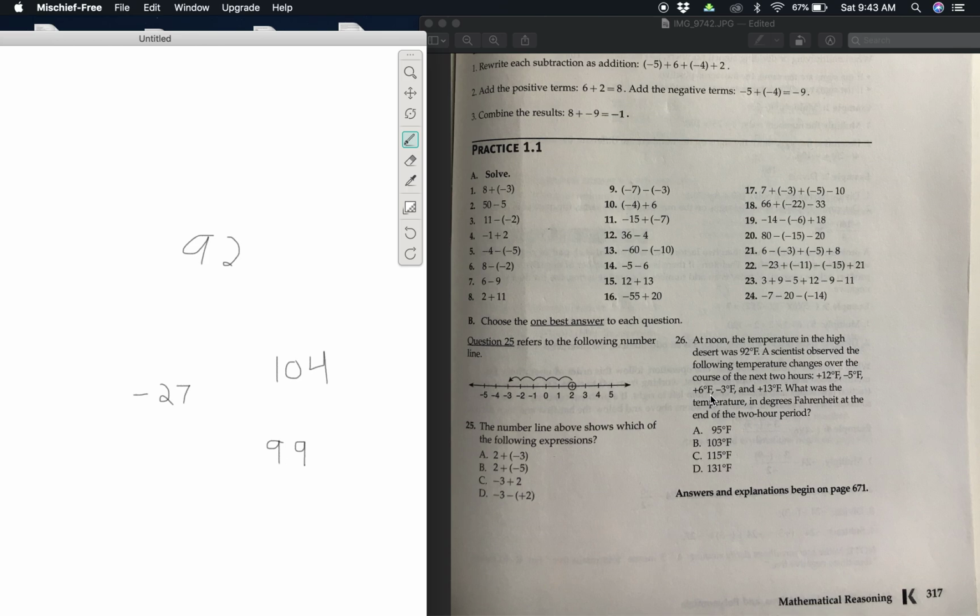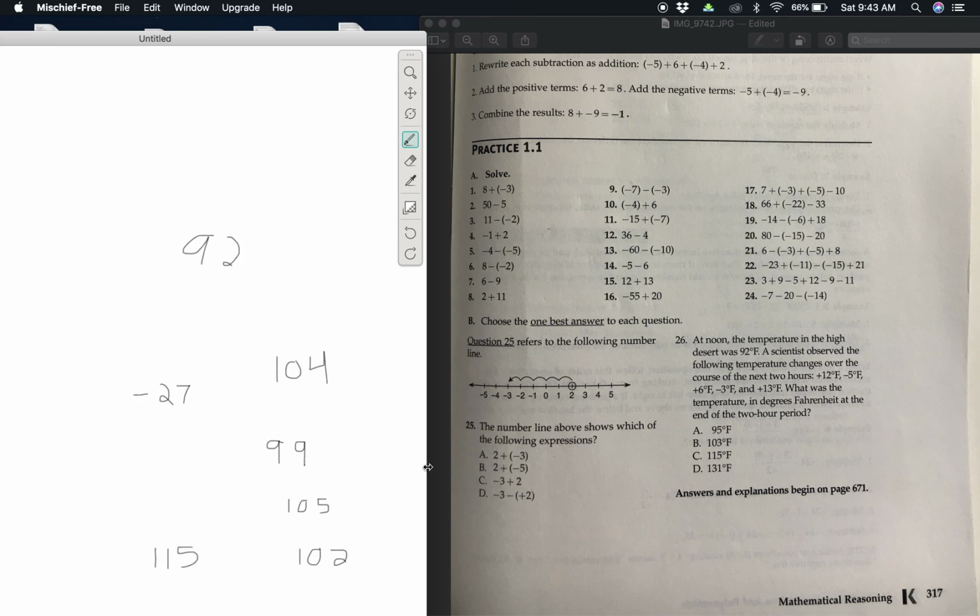Then an additional 6, 105. Then minus 3, 102. And then an additional 13, so plus 13, 115.